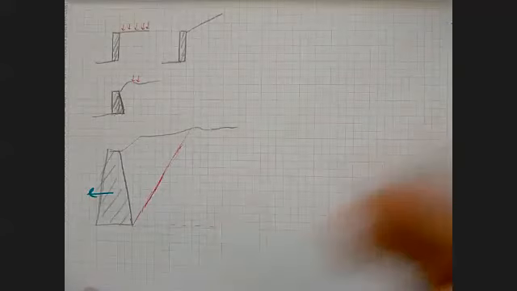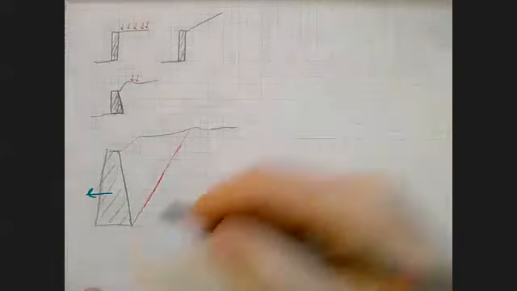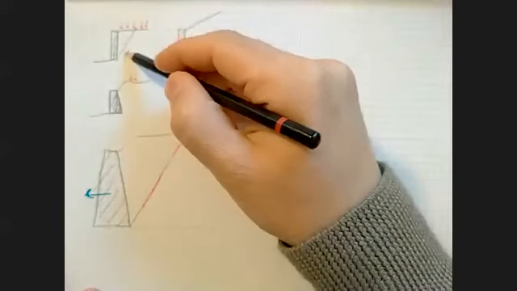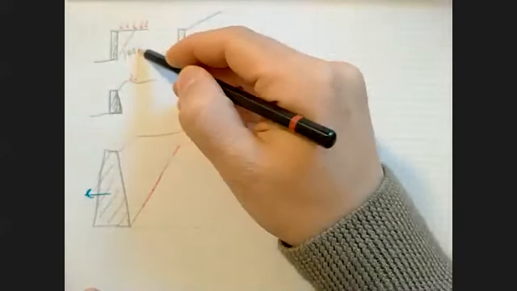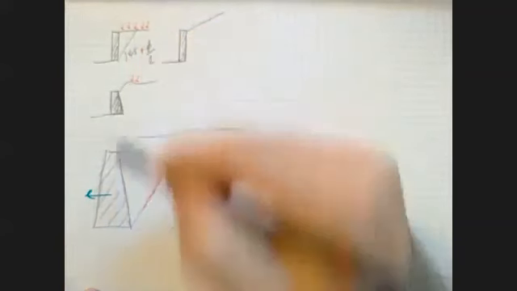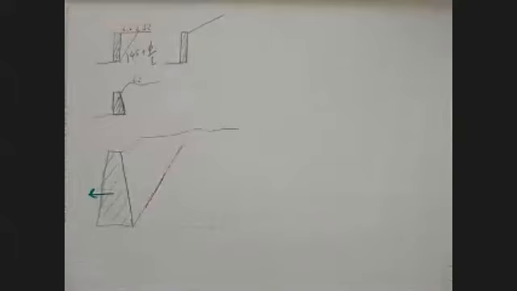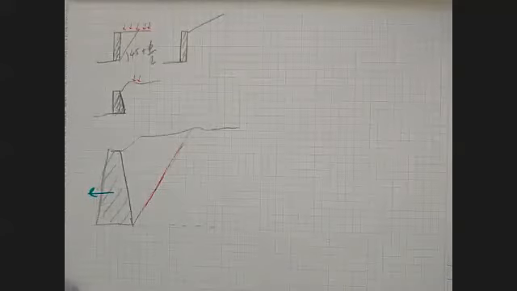So from Rankine, we know that the active failure planes happen at 45 plus phi over 2 orientation. Coulomb didn't quantify it like that, but he noticed there is a wedge mechanism here.